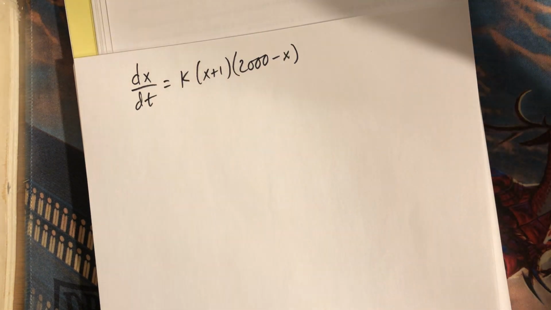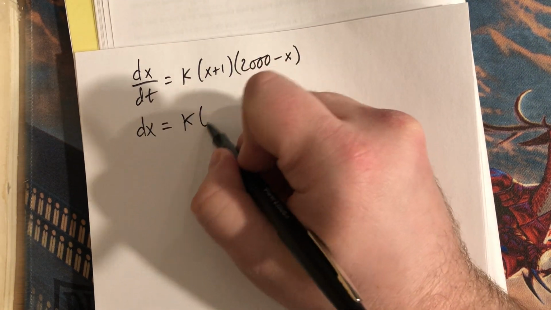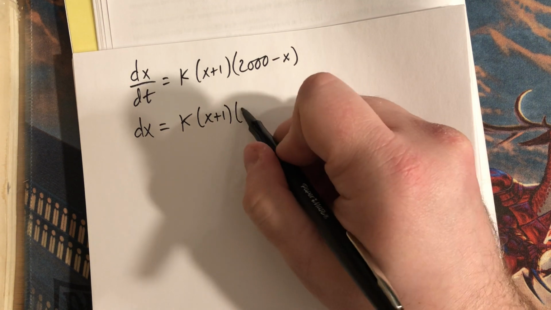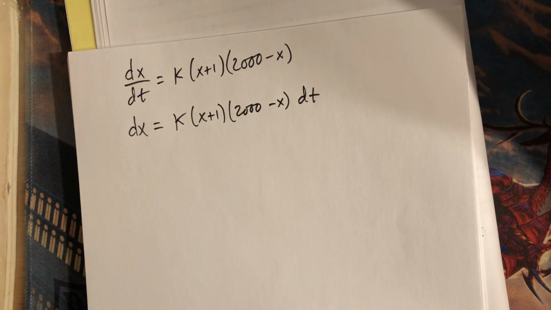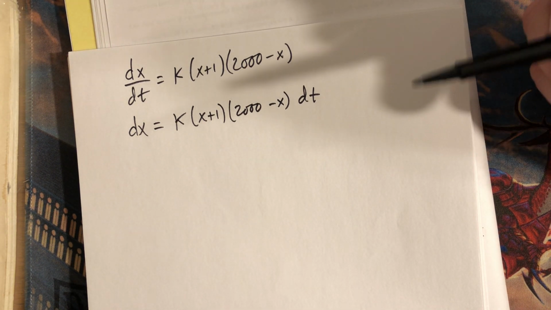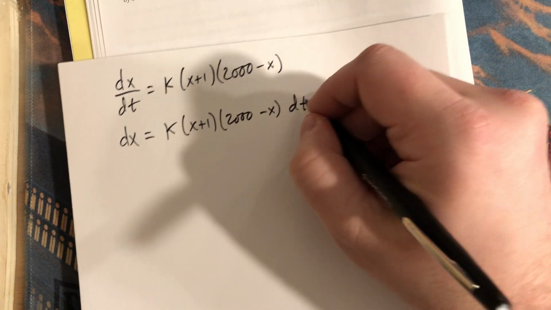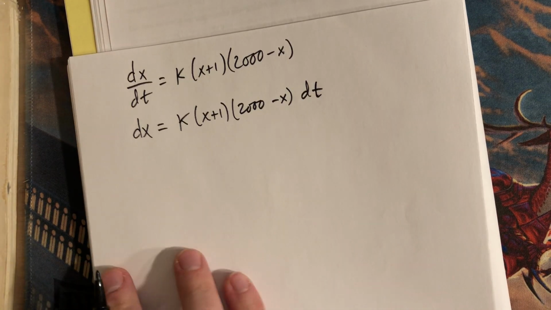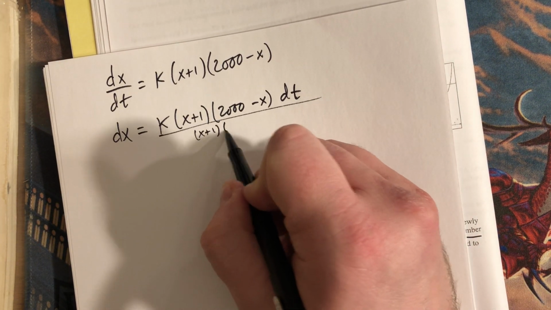We can multiply both sides by dt. So we have a dx over here. K, x plus 1, 2,000 minus x dt. We want to get our variables on the same side as the variables they care about. So like these x's and this t, they're not the same variable. The x's are over here. So we'll divide by this.